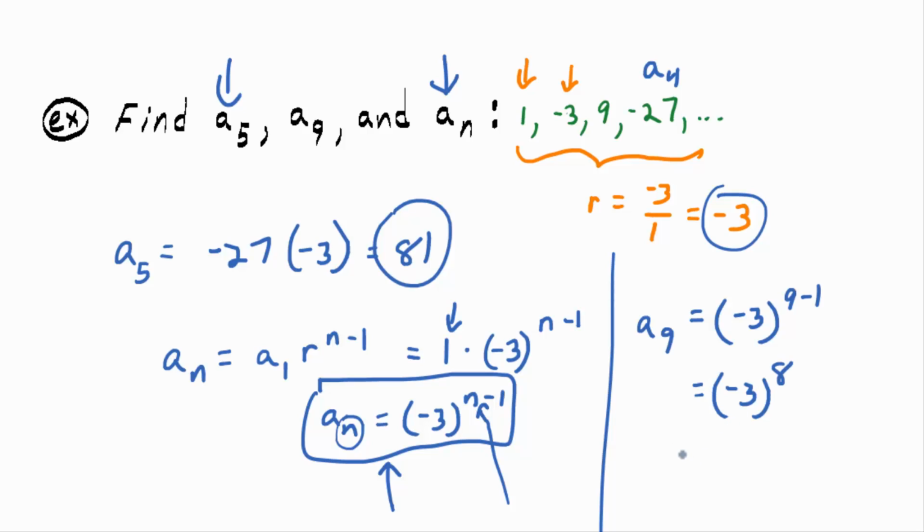Does anybody have a calculator handy? It can't be negative. Did I hear negative? It's an even-powered exponent, so I know it can't be negative. So when you plug it in your calculator, if you don't put parentheses around the negative 3, it's going to take the opposite of 3 to the 8th power, which is negative.